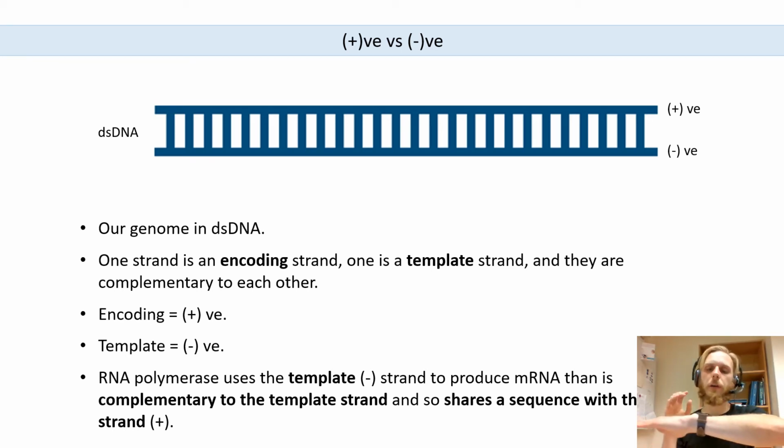If you have a negative strand of RNA, a negative-stranded genome, that can't be directly used to produce protein because it doesn't contain the information. It first needs to be copied into a positive strand. A positive strand contains the right information. Hopefully that makes sense.